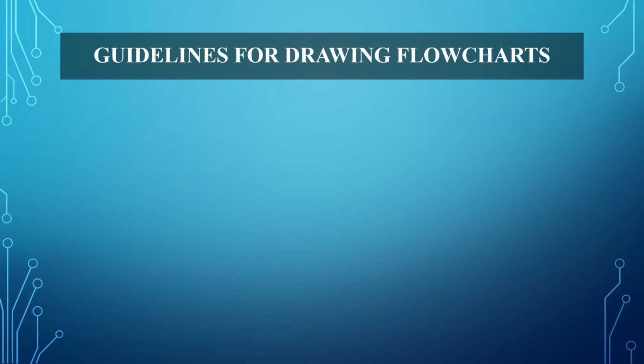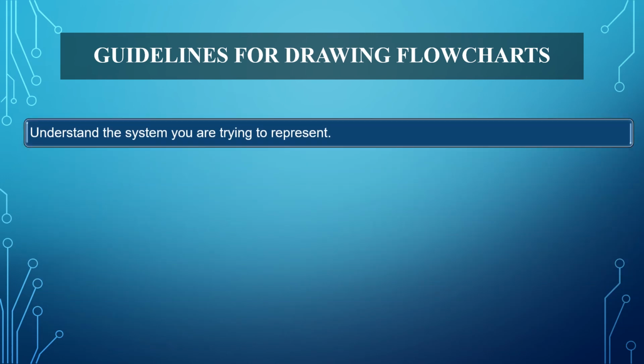The first one is understanding the system you are trying to visualize and present. If you don't understand the system that you are trying to visually represent, no one else will understand what you are trying to create. There are some ways to help you understand the system.